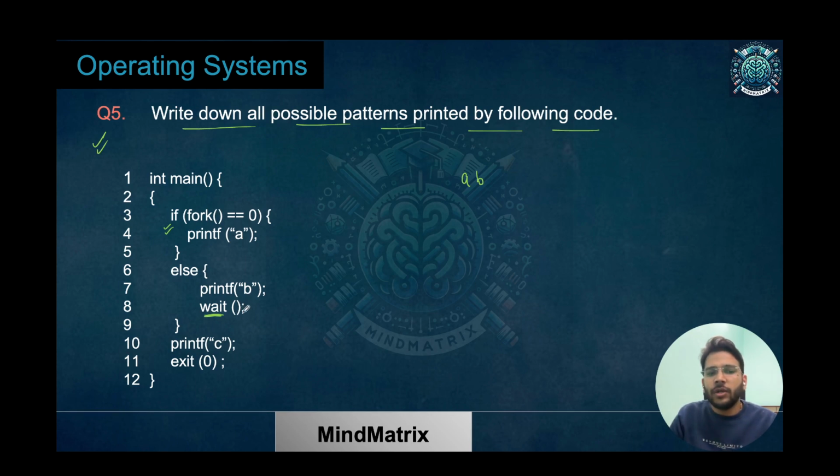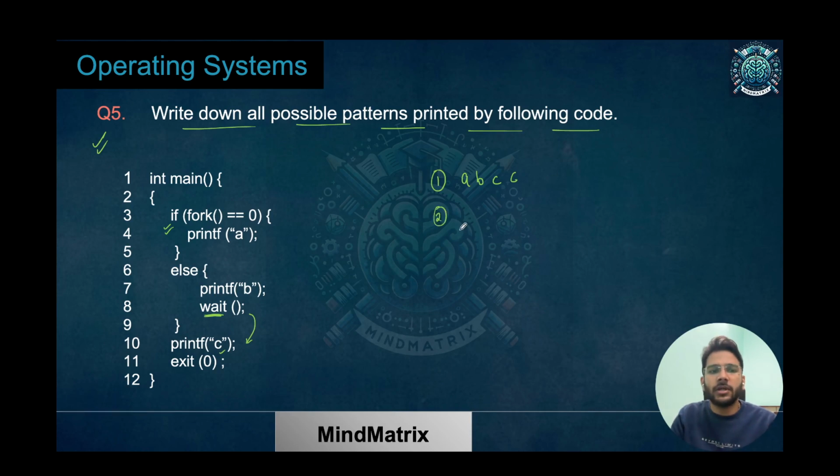Now this is going to wait, so for the child C will be printed, and then after the child is executed, the parent process is also going to execute this printf statement C. So this is the first possibility.